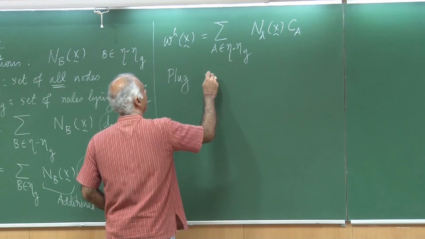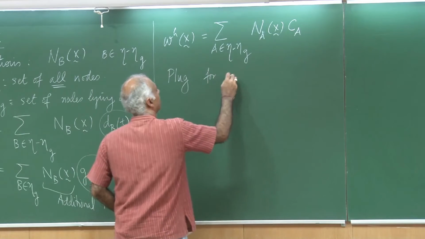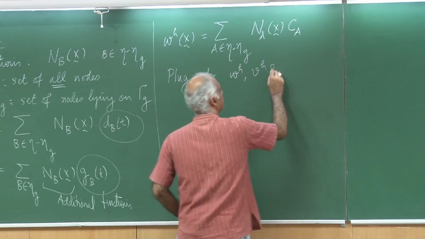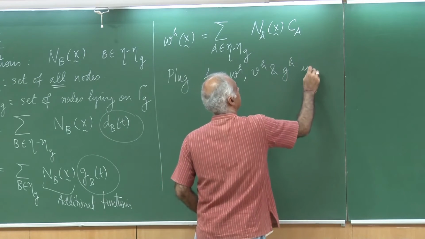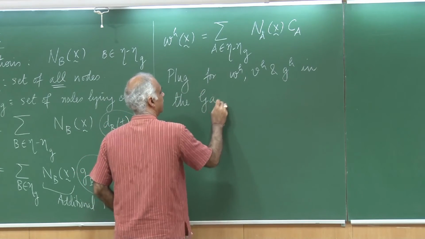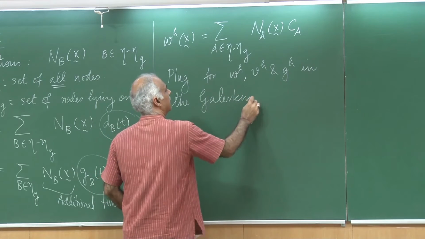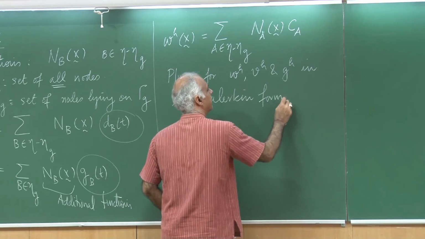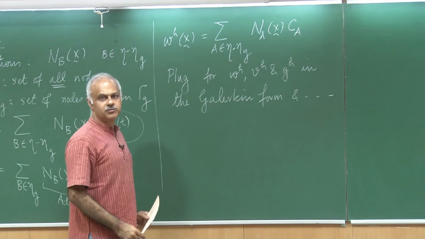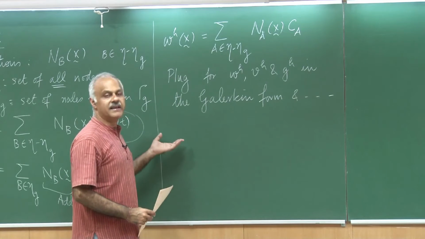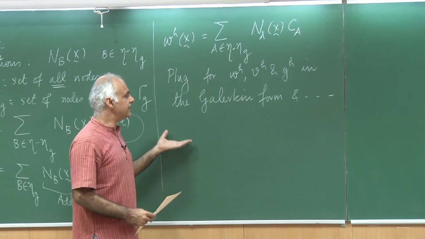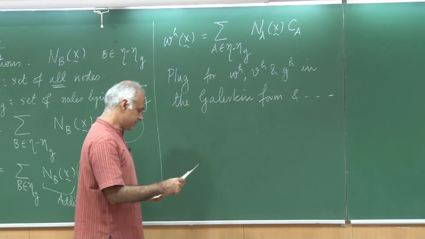Plug for WH, VH and GH in the Galerkin form and use the same arguments that we have used before to get the final matrix form. I am going to give you the final form, and please you can work it out yourself.